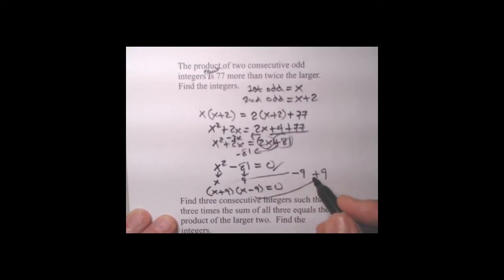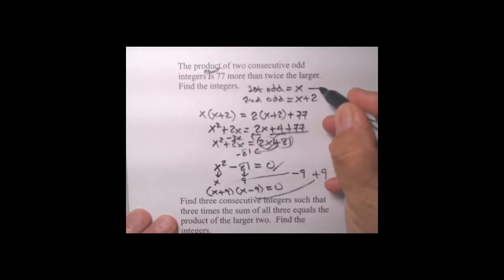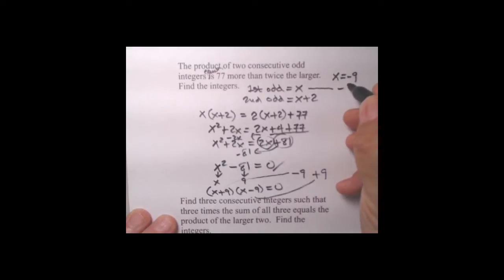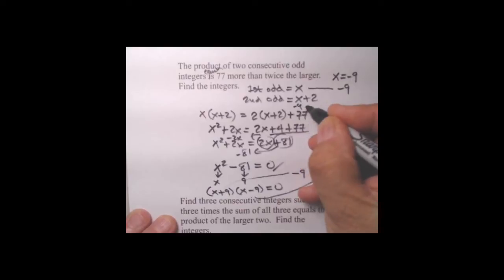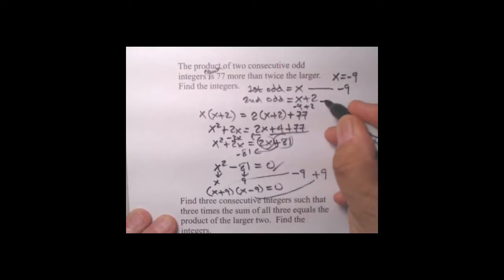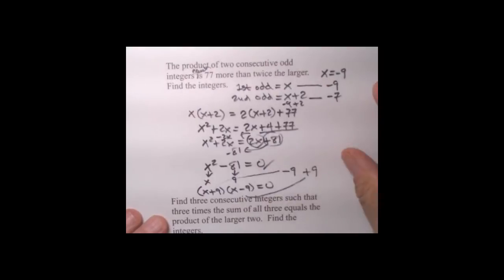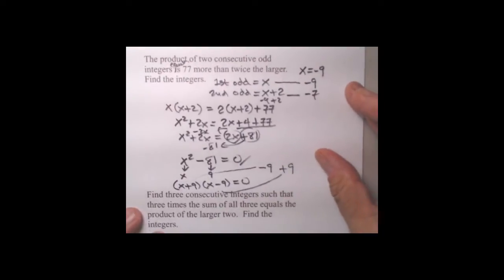Well, once again, since integers can be positive and negative, we get two answers here. So for x equals negative 9, the x, of course, is negative 9. The second one is negative 9 plus 2. That's what, negative 7? So there's one set of the answers. But we also have to make use of the plus 9.